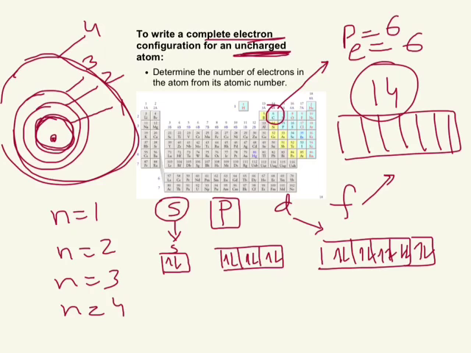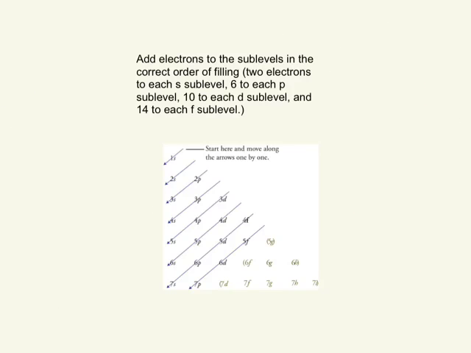Then how are we going to write down the configuration? We add electrons to the sublevels in the correct order of filling. Remember, 2 electrons to each s sublevel, 6 to each p, 10 to d, and 14 to f. And we start here. How many electrons do we have? 6, and we want to find out how these 6 electrons are arranged around the nucleus.